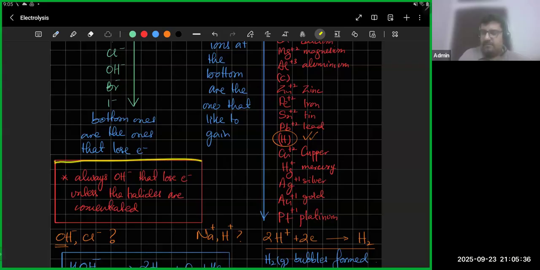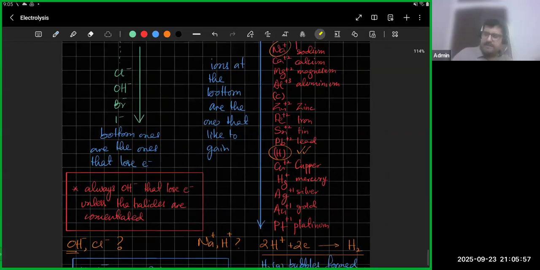Or simply trust me, this is what you're going to follow. No matter what the book says, always go with OH ions unless the halides are concentrated. Is that clear?